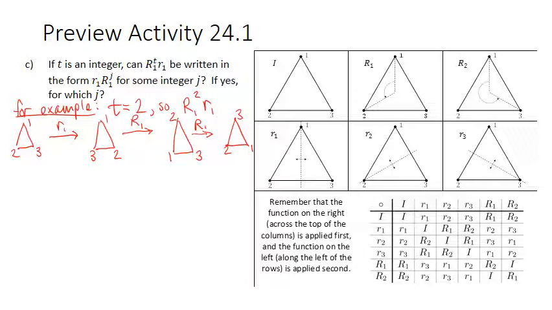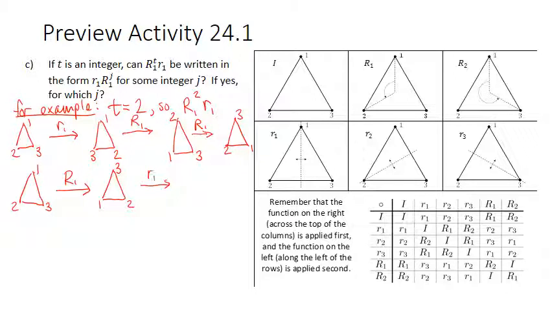Okay, so now the question is, could we have achieved that by doing the rotations first and the reflection last? Yeah, I certainly think we could have, so let's give it a try. Starting point is 1, 2, 3, and let's try giving it 1 rotation. Let's see where that takes us. So this will be 1, 2, 3, and then if I do the reflection across the vertical line at this point, I'll be done.